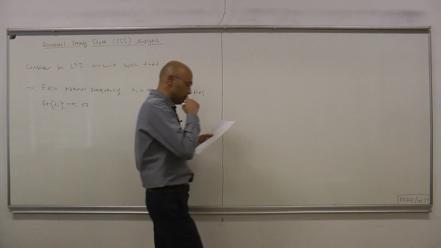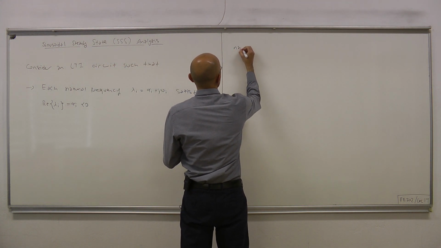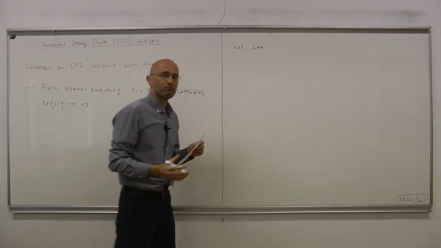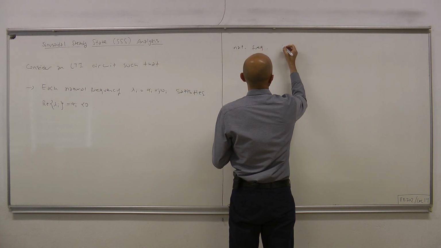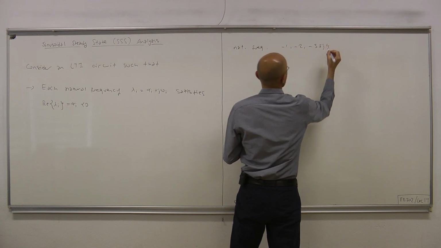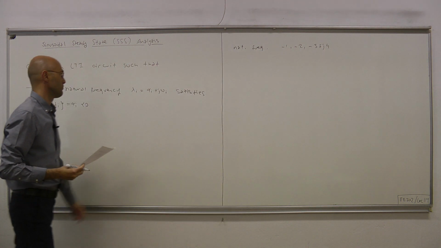Now we're talking about, for instance, a circuit where the natural frequencies are at -1, -2, and -3, let's say, plus minus j4, for example.